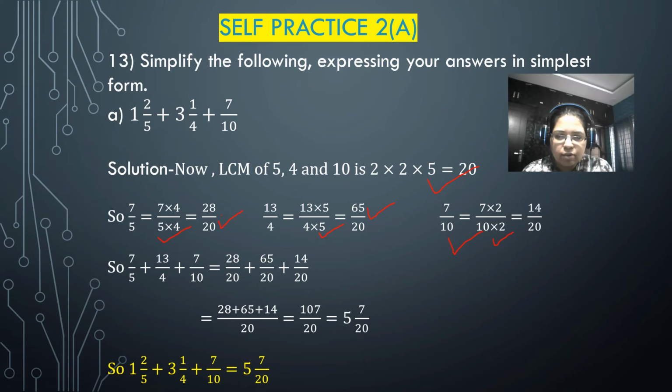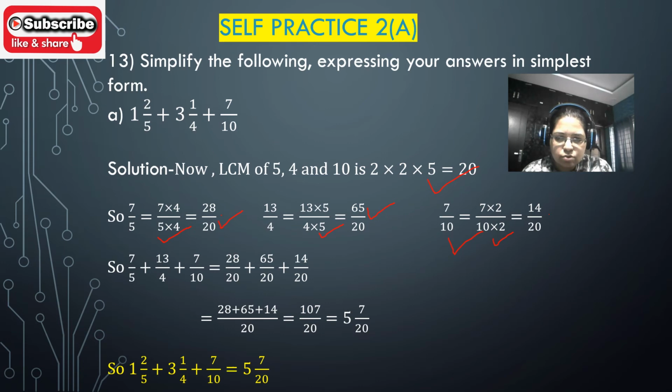So multiply the number 2 with both the numerator and denominator of 7/10. So 7/10 equals (7 multiplied by 2)/(10 multiplied by 2). 7 multiplied by 2 is 14 and 10 multiplied by 2 is 20. So we get 7/10 equal to 14/20.